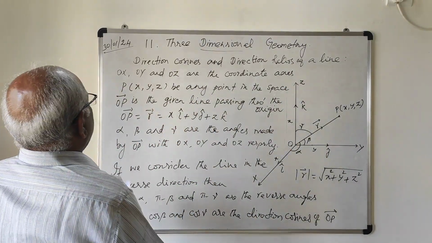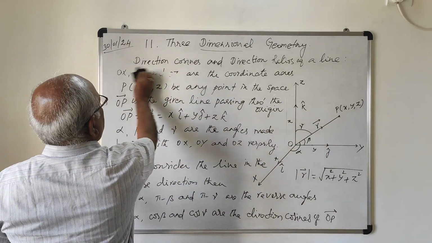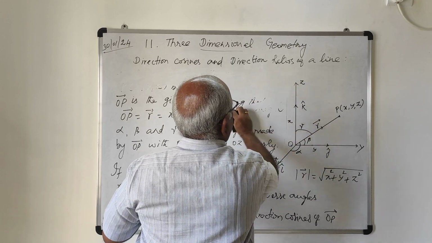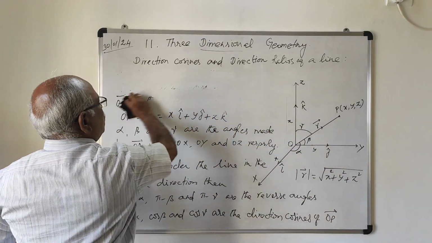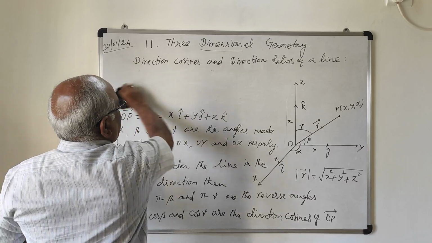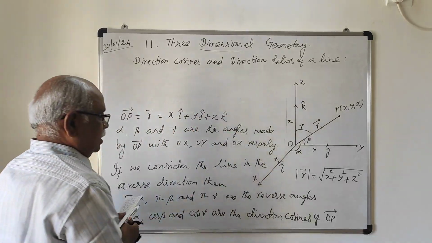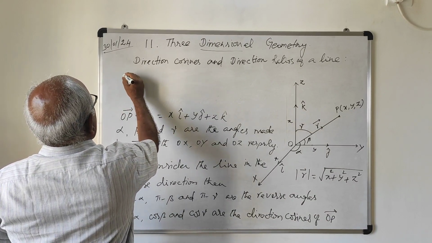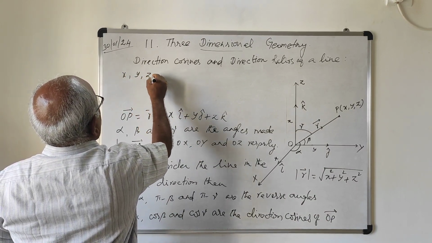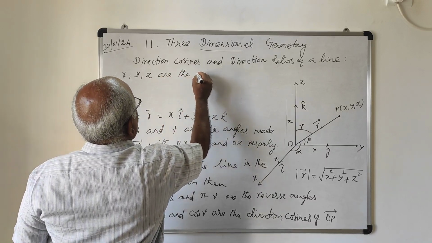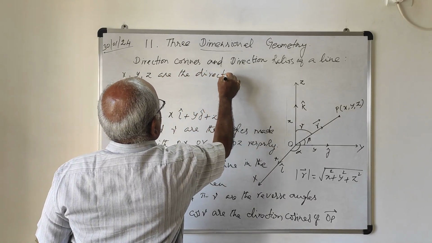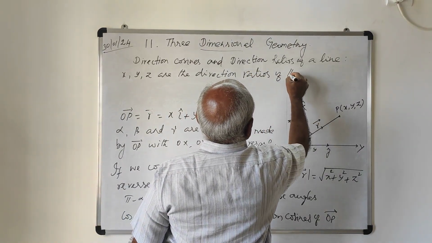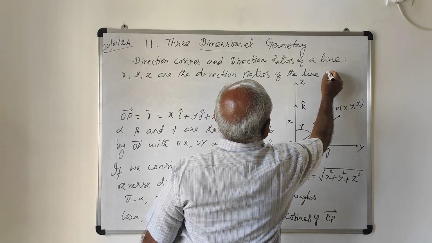So cos alpha, cos beta, cos gamma are the direction cosines of the line OP, and x, y, z are the direction ratios of the line OP.